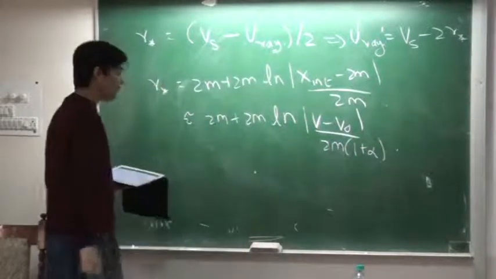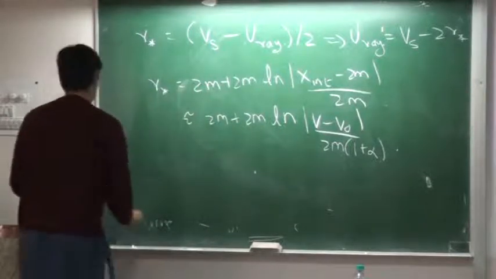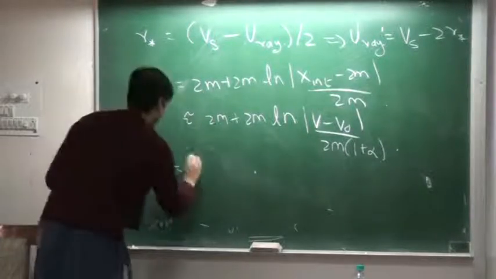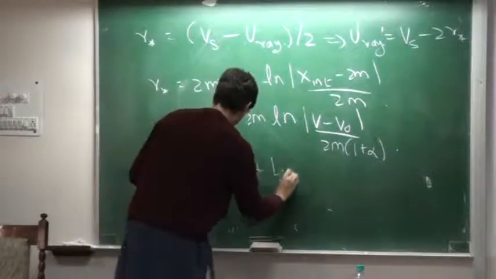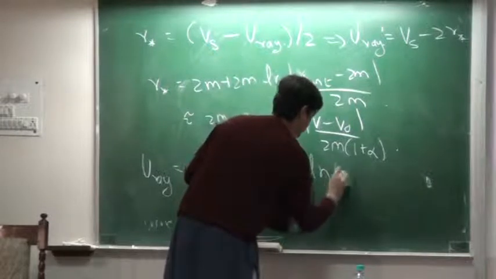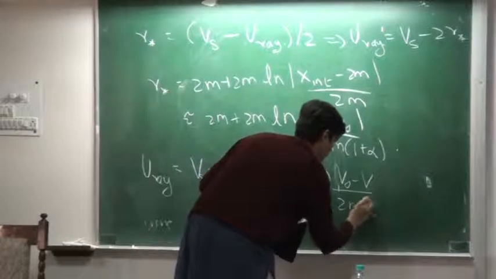Okay? And therefore, the relation between u and v of the rays is given by u ray is equal to some vs minus 4m plus 4m log of v naught minus v by twice m into 1 plus alpha.